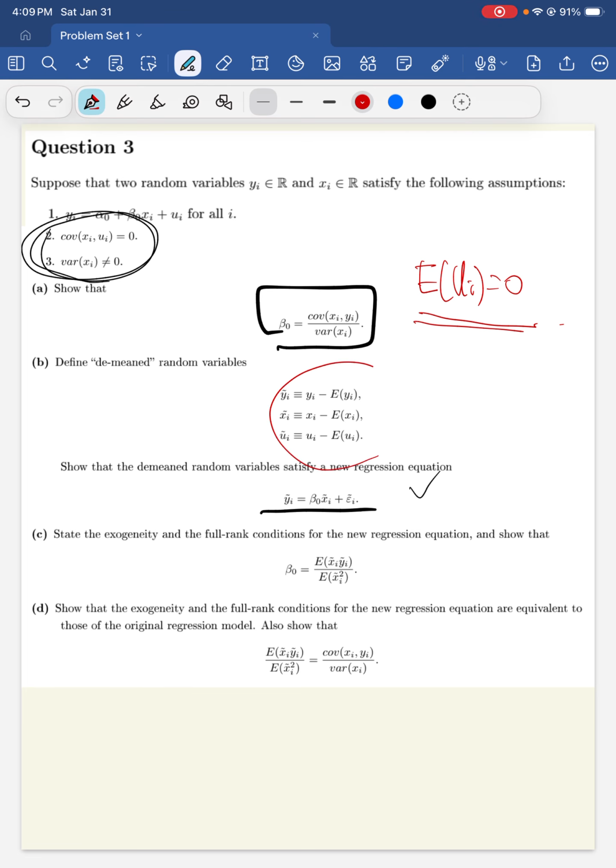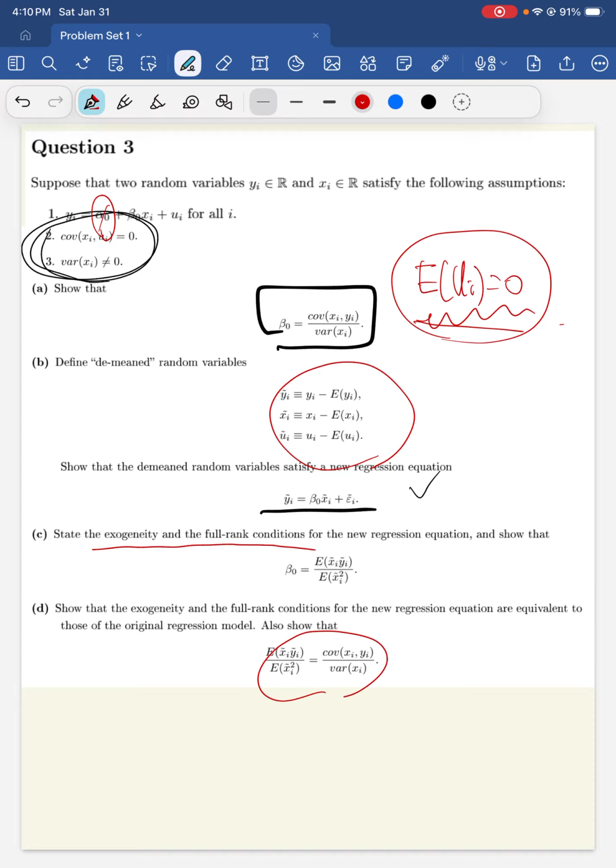Using the demeaned variable trick, we remove the intercept, and still we could satisfy all the classical linear regression model assumptions, right? The original model may not satisfy this assumption, so it does not fall into the classical linear regression model, right? But in the end, if you remove the intercept using the demeaning technique, then we got the same result, right? They are the same thing.